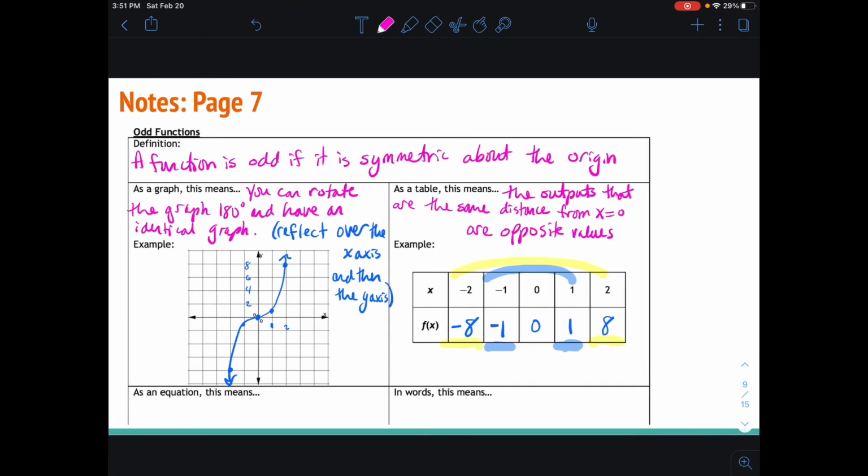Now, how are we going to write this as an equation? So this is saying that if I have f of the opposite of x, that's the same as the opposite of f of x. So in words, we're going to say opposite inputs produce opposite outputs.